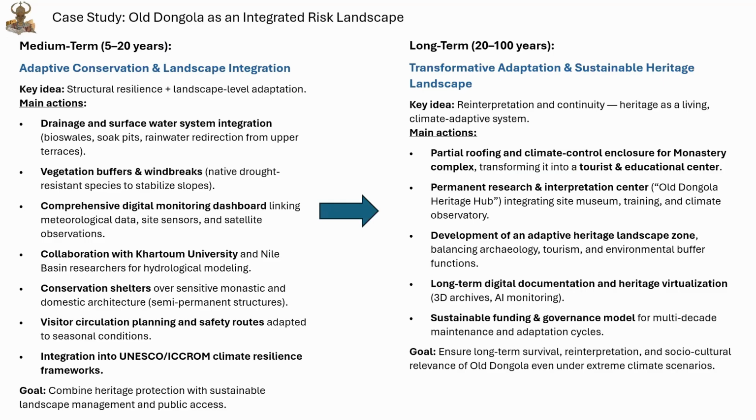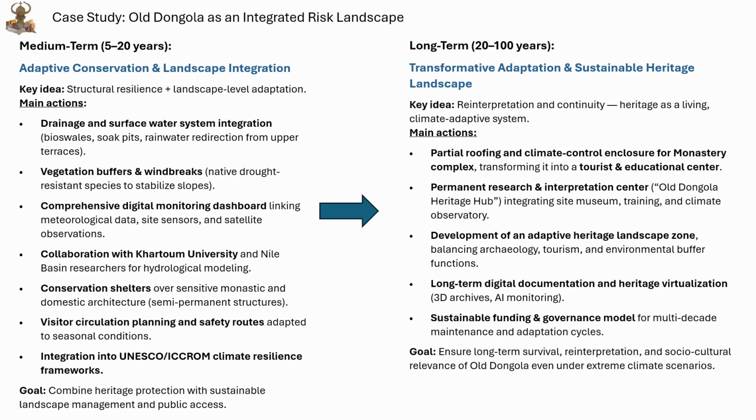So we also have a medium-term and long-term plan, where in the medium term the goal will be to combine heritage protection with sustainable landscape management and public access. And even if we start to think about the next 100 years, the goal then will be to ensure long-term survival, reinterpretation, and socio-cultural relevance of Old Dongola, even under extreme climate scenarios or other extreme scenarios.